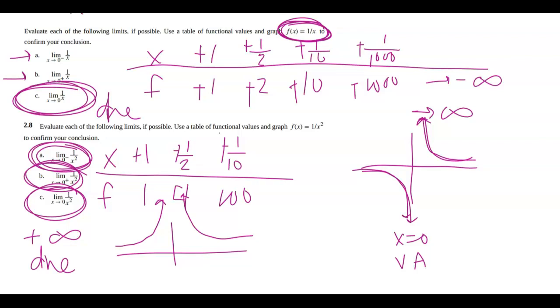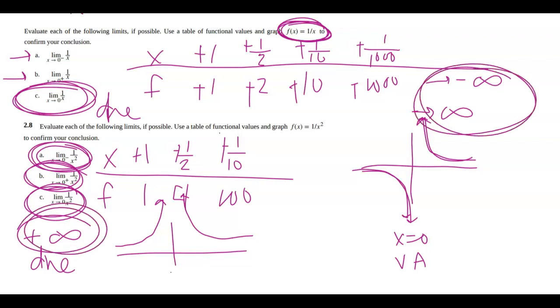And because these are vertical asymptotes, know that because your outputs go to positive or negative infinity for any of these, that's the definition of a vertical asymptote. Again, if your x values approach a number and your outputs go to positive or negative infinity, that means you have a vertical asymptote at that x value.